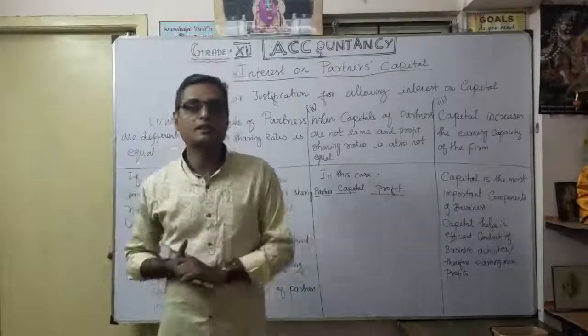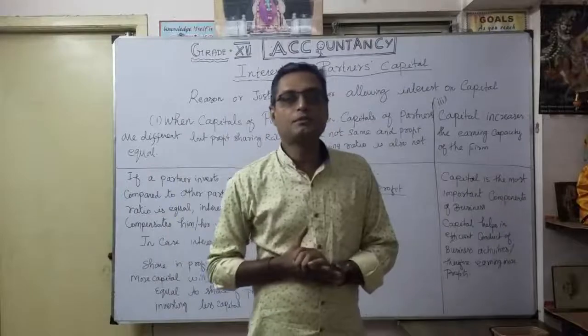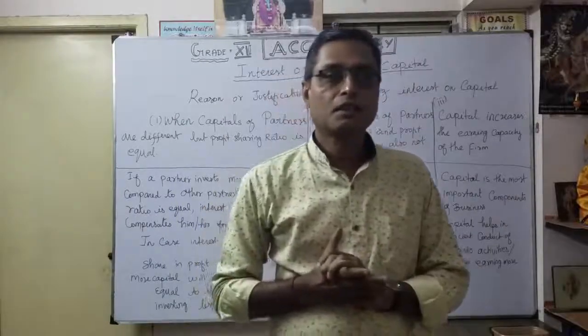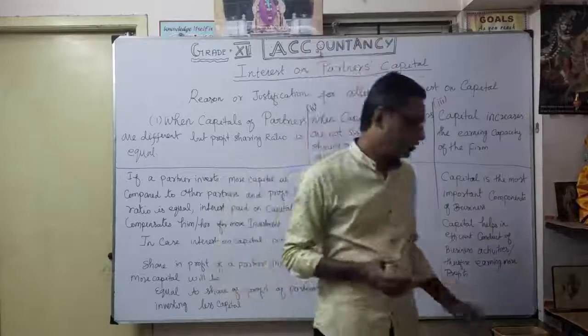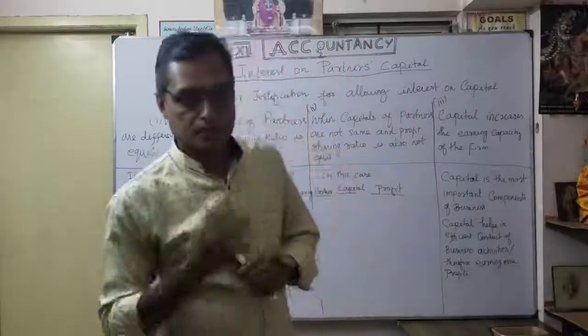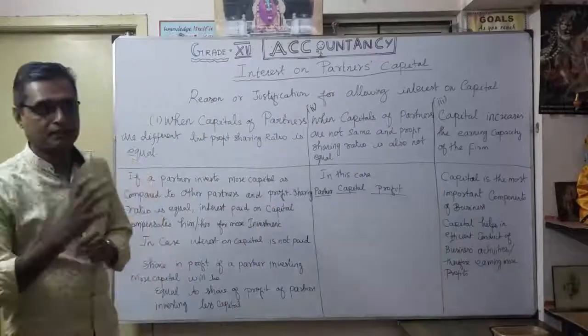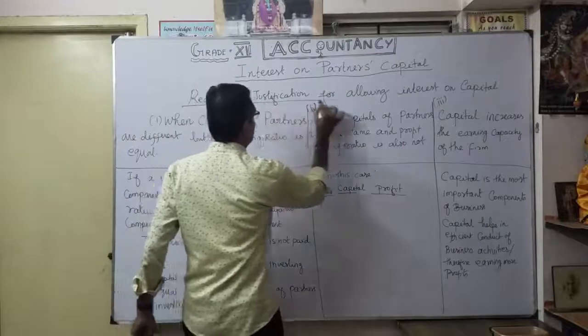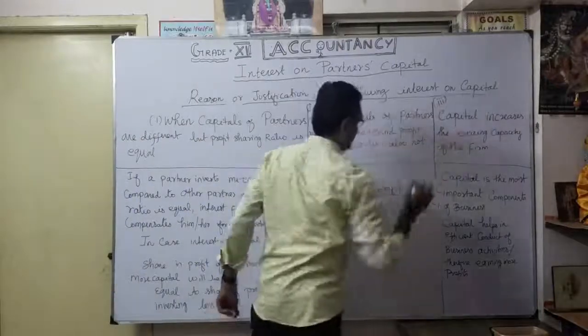Now we are going to see why the firm is charging or allowing interest on capital. We want to know the reason or justification, isn't it? Then only you will be able to understand very clearly why charging interest on capital is necessary.